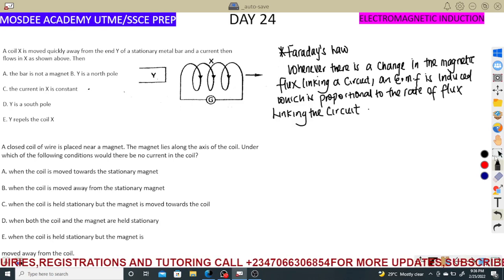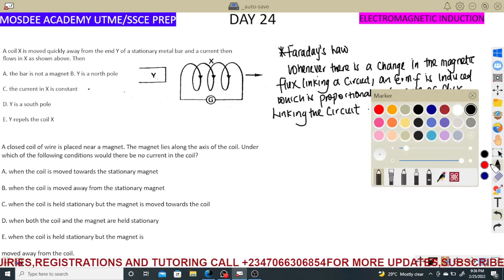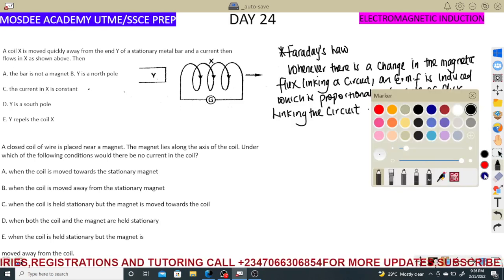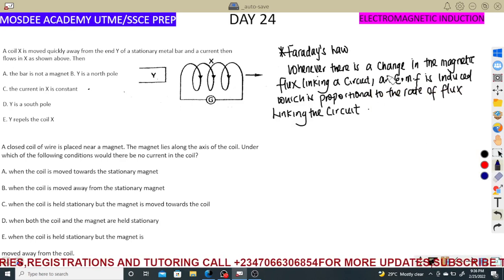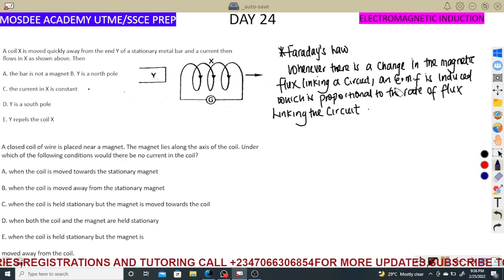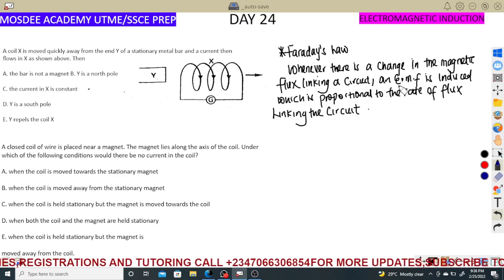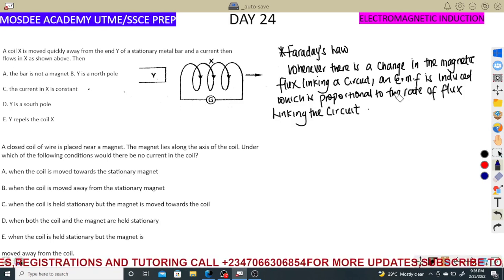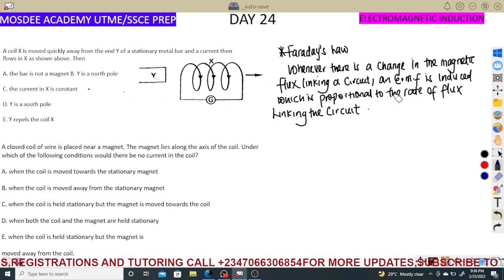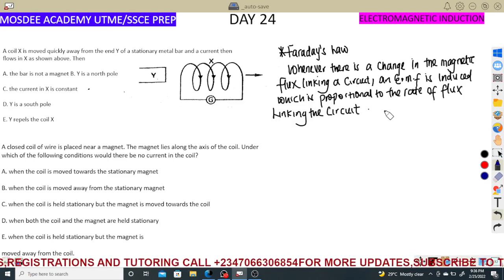What the law is actually explaining to us, for those who don't have an idea about it, is that when there is a change in the magnetic flux, we've talked about magnetic field, electric field, and force on the current carrying conductor.